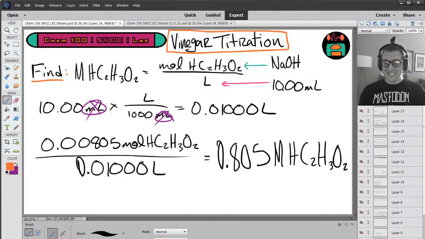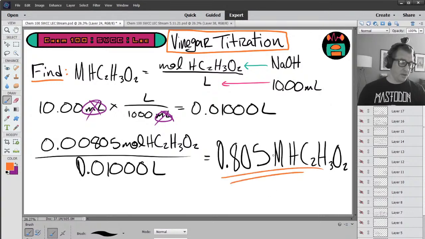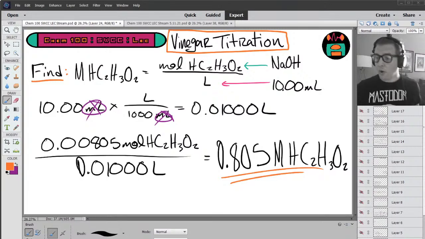All right, and that is the answer for part A. That is the molarity of acetic acid. All right. Now, part B of this problem asks us to use the molarity that we found in part A to determine the percent mass of acetic acid.